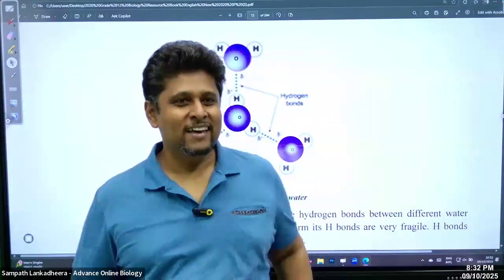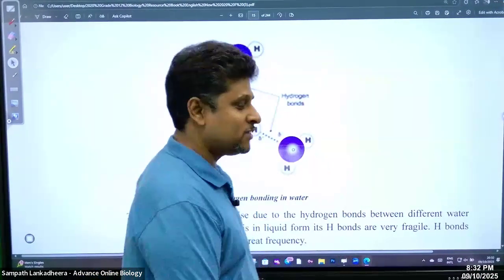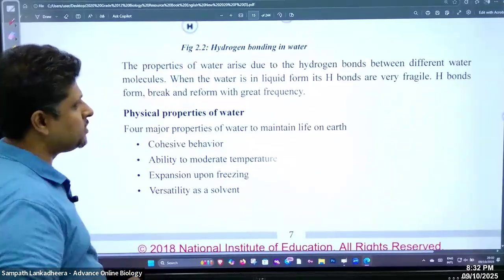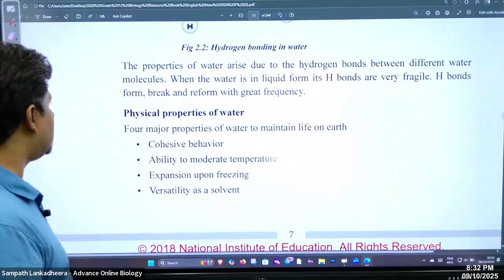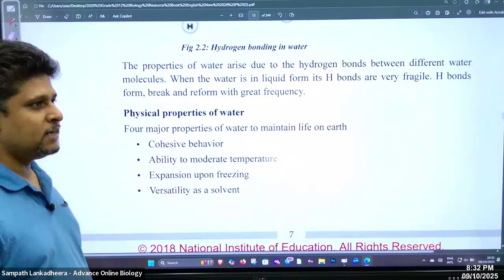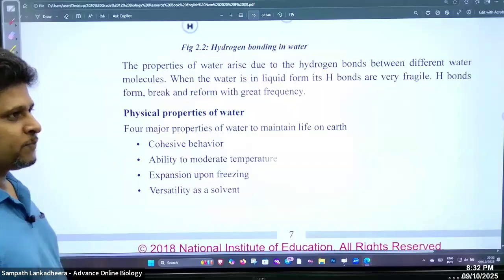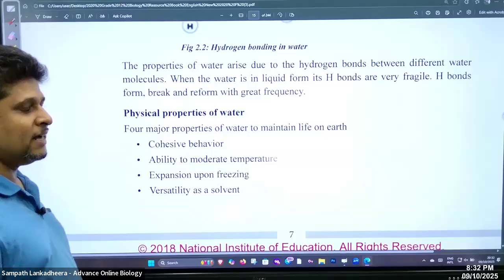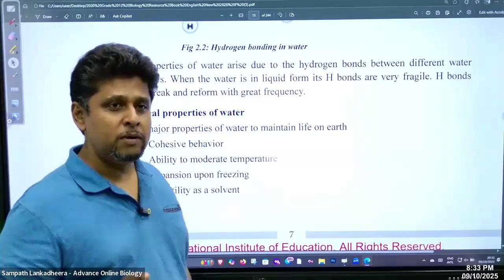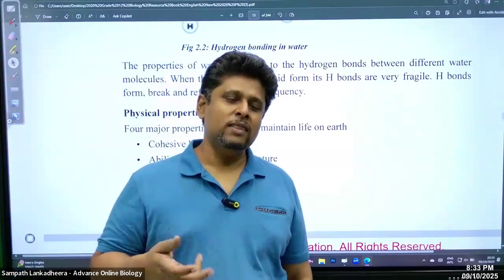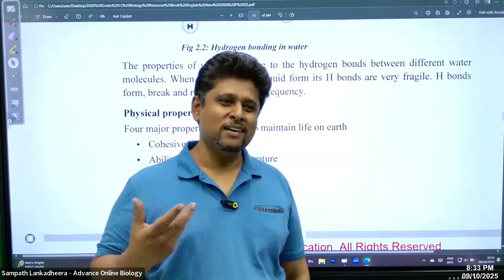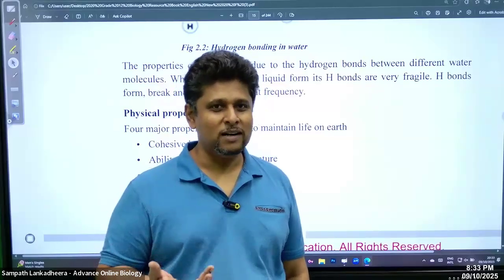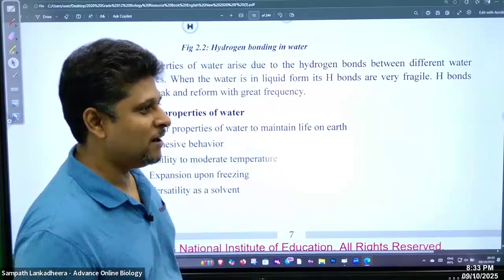All right. And so hydrogen bonds are going to be helpful. Properties of water arise due to hydrogen bonds between different molecules when the water is in liquid form. When the water is in liquid form, these hydrogen bonds are fragile. But hydrogen bonds are going to be, people, quite stable when they go into the crystalline structure, ice. When it solidifies, it becomes a somewhat stable type of bond.